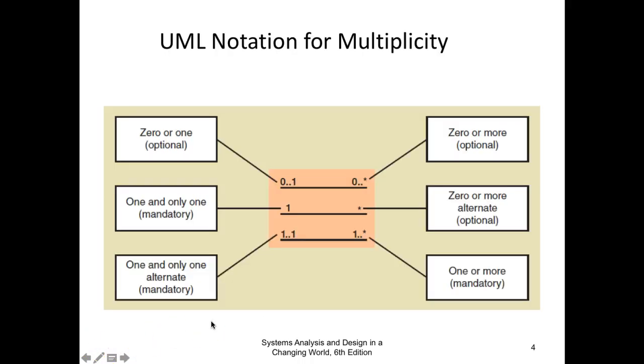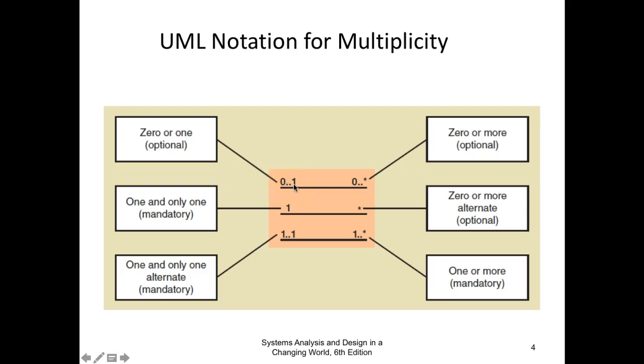So let's go to the next slide. These are some of the symbols. So 0 to many or just a star. So 0 dot dot star or star, they show the same thing, 0 or more, and it's optional. And then you come to 1 dot dot star, that's one or many, one or more, mandatory, because there should be at least one. 0 to 1, I can be associated with 0 people.